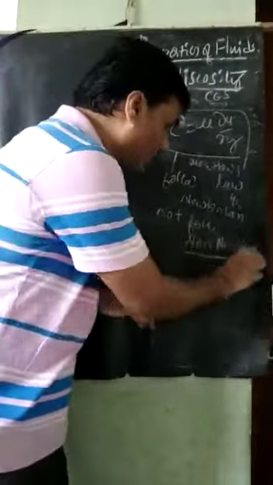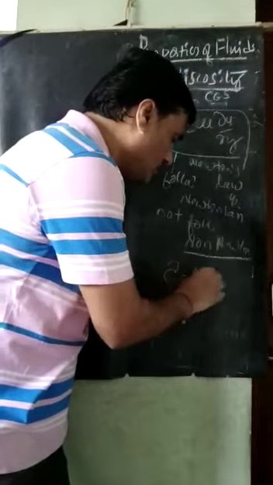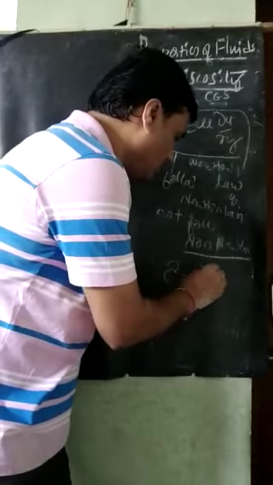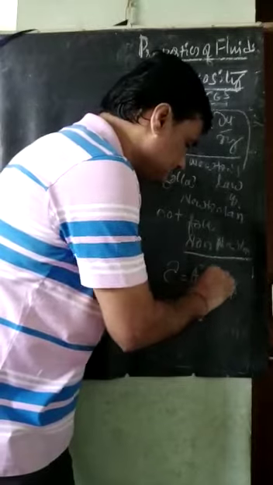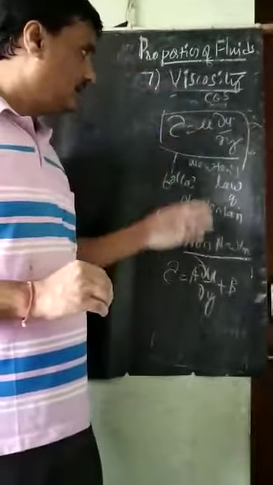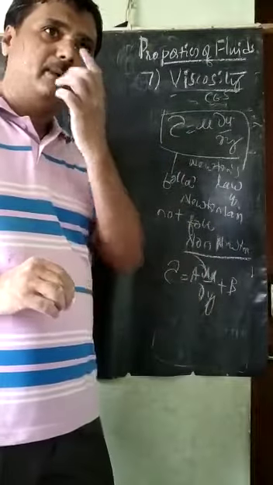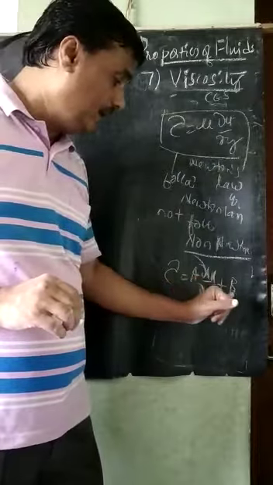For non-Newtonian fluids, shear stress is equal to A into dou U divided by dou Y plus B. Here mu is not there; in place of mu, A is there, and B is there.